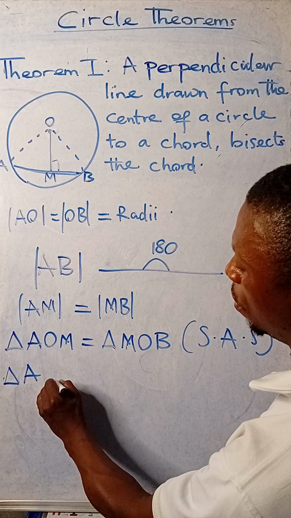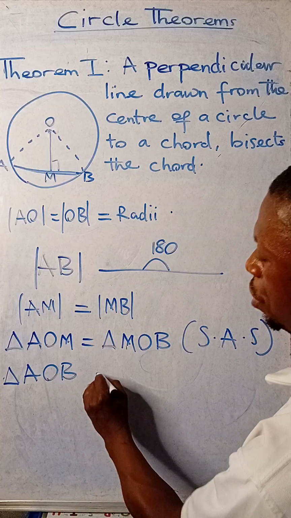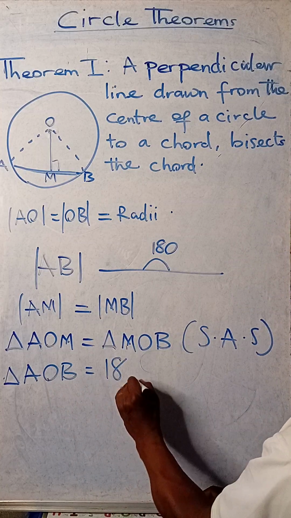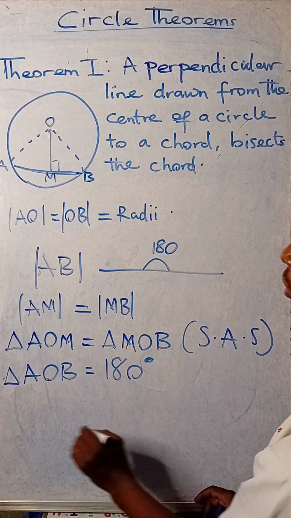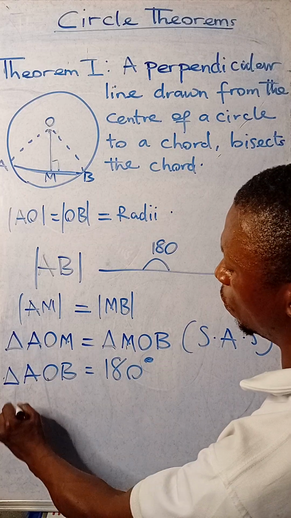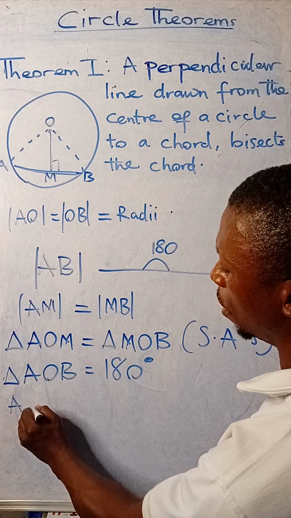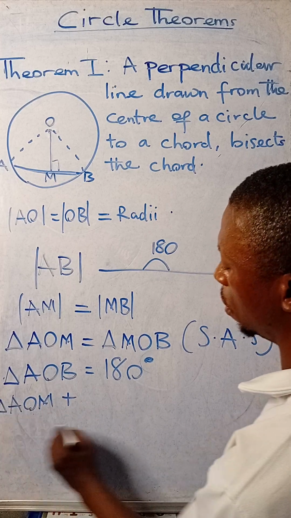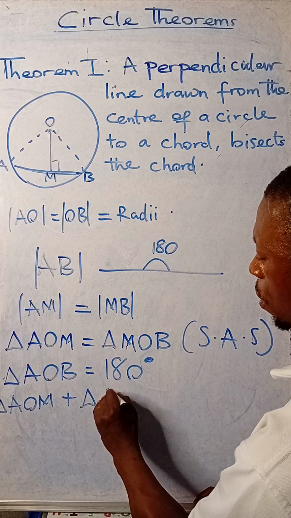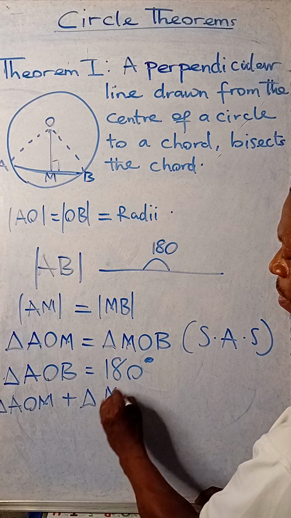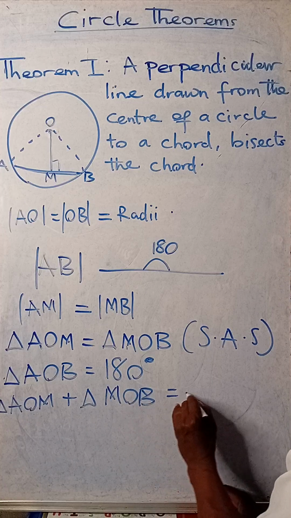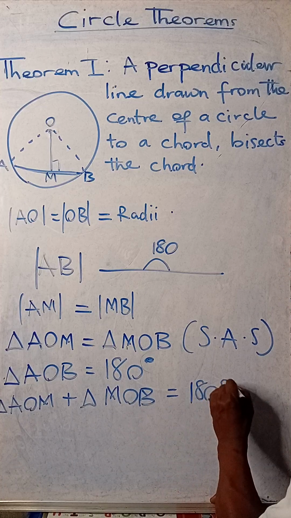triangle AOB, the total sum of the angles there is 180 degrees. And these two triangles, AOM plus triangle MOB, give us 180 degrees.